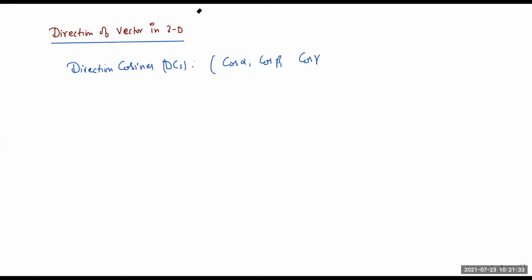Finding cos alpha, cos beta, cos gamma is much easier compared to finding alpha, beta, gamma. And why is this so? Actually, I could show you how the formula comes for cos alpha, cos beta, cos gamma, but I'll show you one of them.